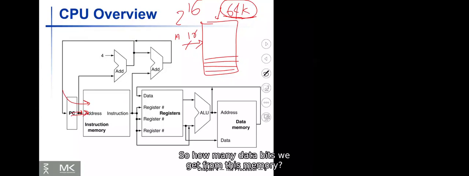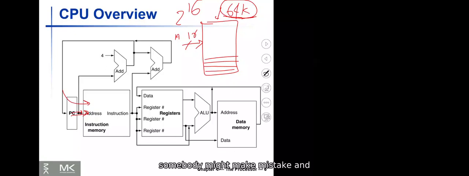So how many data bits do we get from this memory? It has 8 bits. We would like to read and write an 8-bit value to this memory. How many bits do we need? You should say 8, not 3.